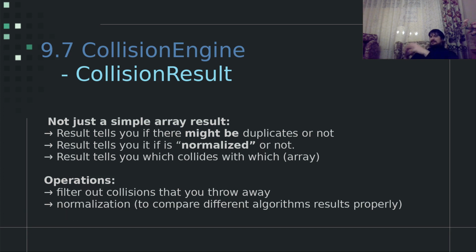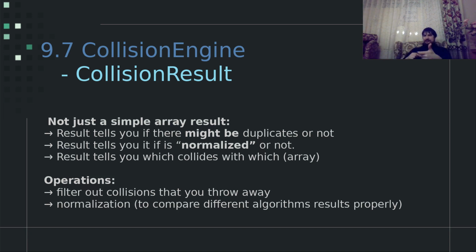And normalization is different. I just want to tell what normalization is. There will maybe be in the future a lot of collision algorithms in this CollisionEngine. And already there are two, the naive and this turbo one. For the unit tests at least, and also for all kinds of future use cases, there needs to be a way to correspond the result of one engine to another. And these calculate things differently.